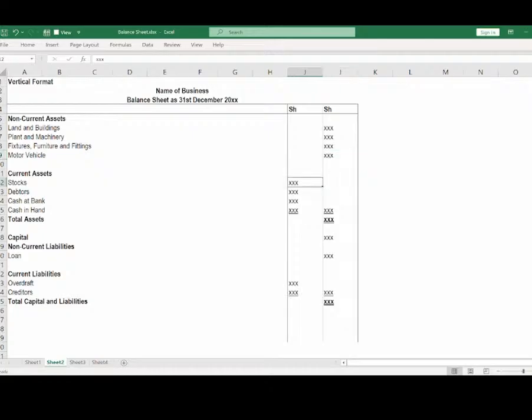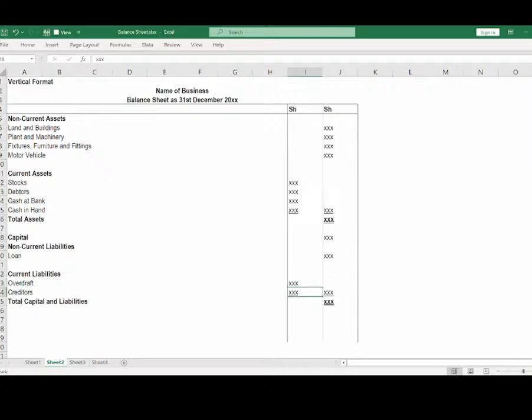Then you have the current assets: stocks, debtors, cash at bank, cash in hand. These are listed in order of liquidity. Then you have the capital and the liabilities, and the current liabilities, which are listed in order of payment. So the total assets must be equal to the total capital and liabilities.